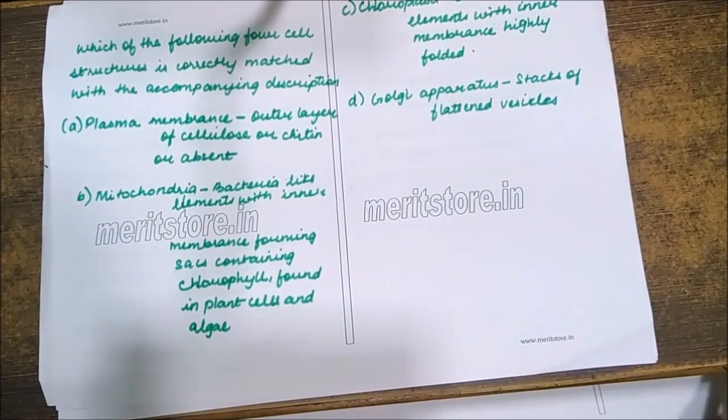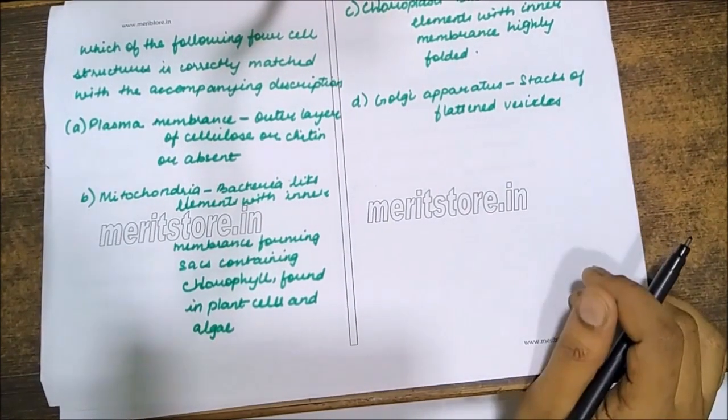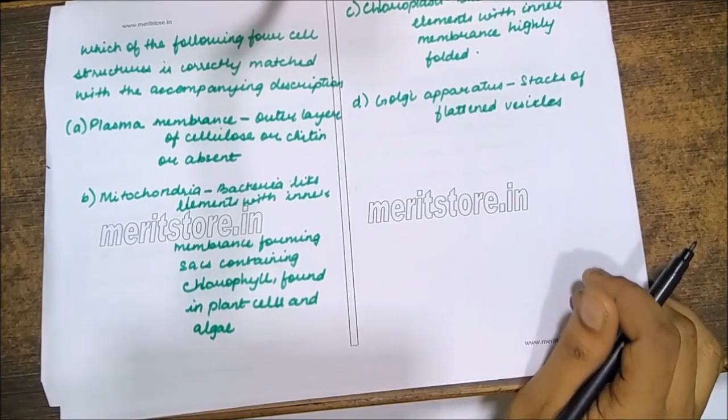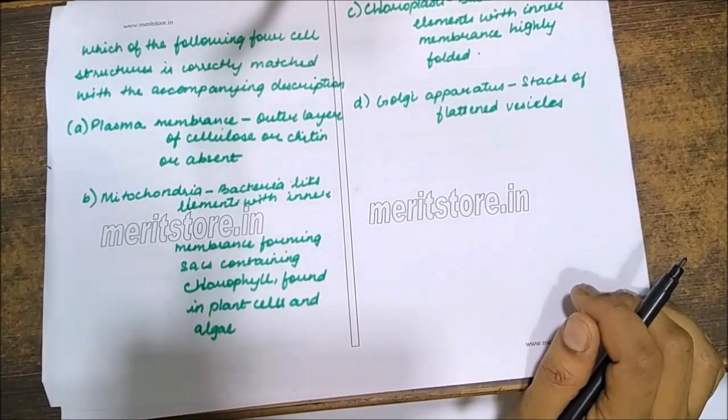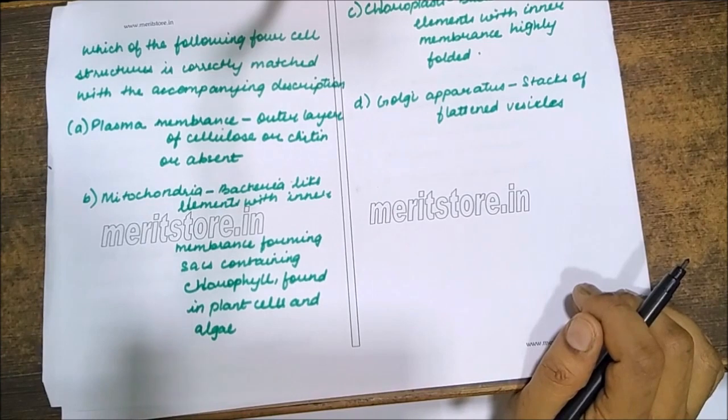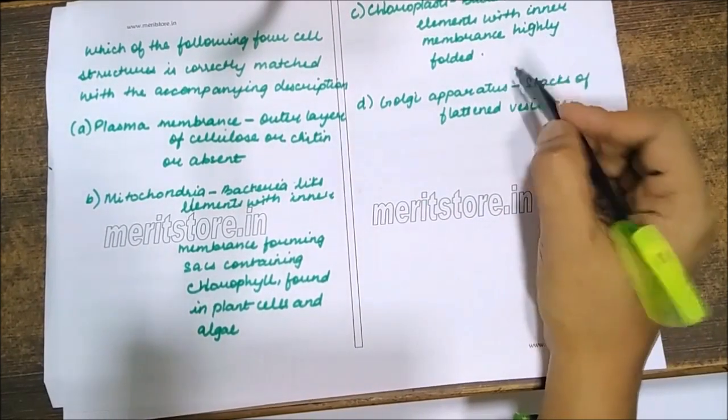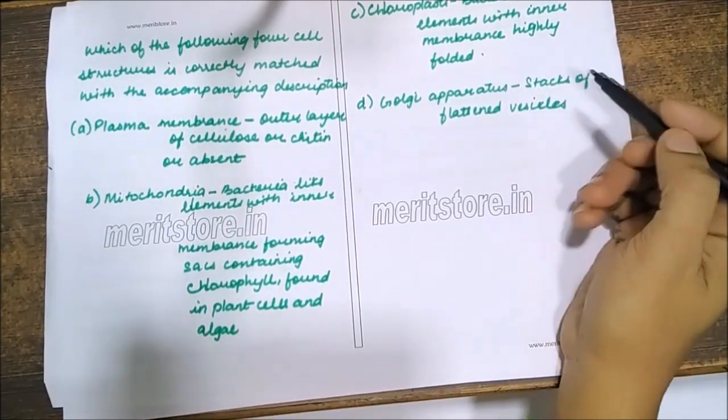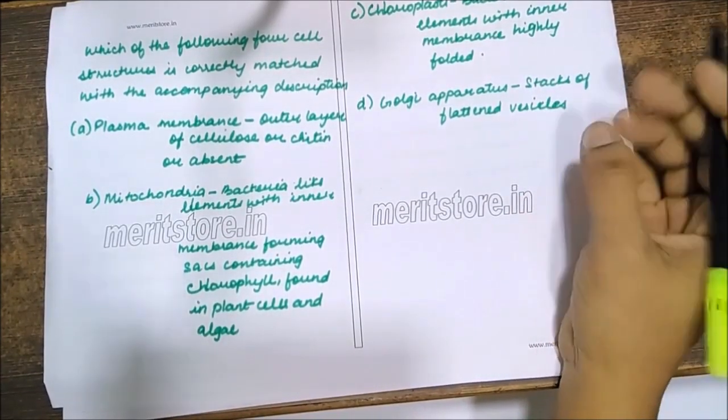which of the following four cell structures is correctly matched with their accompanying description? Plasma membrane is the outer layer, cellulose or chitin is absent. Mitochondria, bacteria-like element with inner membrane forms sacs containing chlorophyll found in plants and algae. Chloroplast, bacteria-like element with inner membrane highly folded. Golgi apparatus is stacks of flattened vesicles.